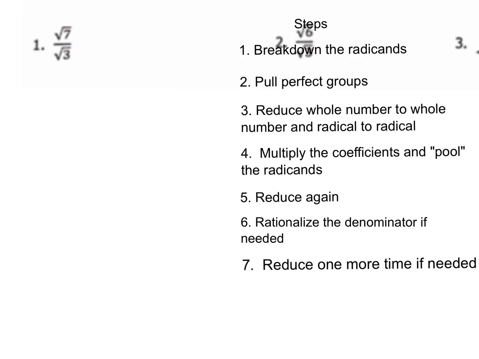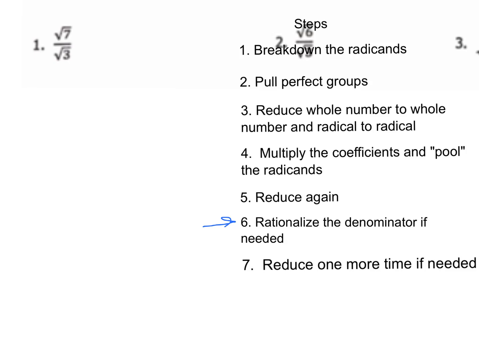Rad 3's got nothing. So I can't do anything there. Pull perfect groups. Yeah, that ain't happening either. Reduce whole number to whole number and radical to radical. Can't. There's nothing there. Multiply the coefficients. Well, this really isn't a multiplication problem, so I can't do that either. Reduce. Can't. So now we're stuck. And now here's where step 6 comes in.